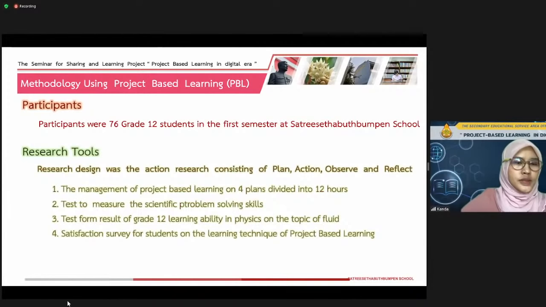The second one, test to measure the scientific problem-solving skills. The third one, test from result of grade 12 learning ability in physics on the topic of fluid. The last one, satisfaction survey for students on the learning technique of project-based learning.